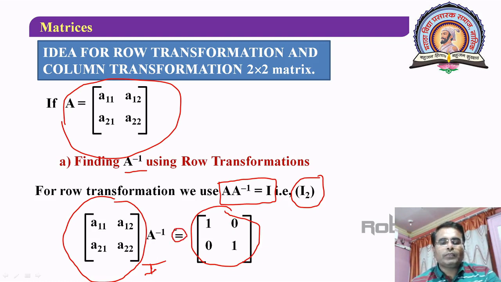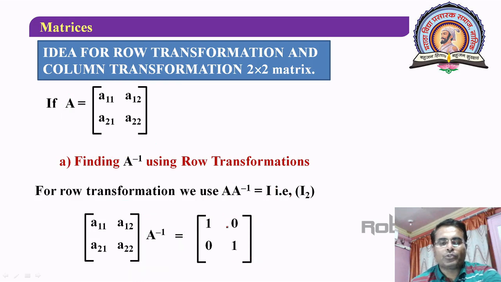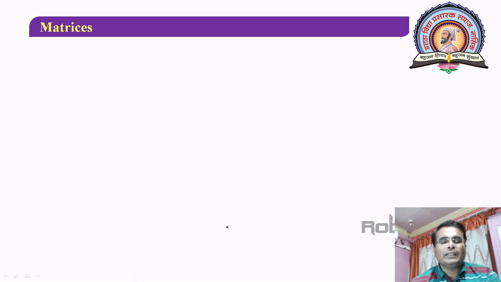For balancing the equation, whatever transformation you apply on the left hand side, you have to apply the same on the right hand side also, simultaneously. So let us see how we find the inverse.